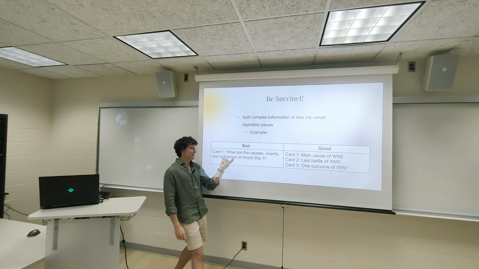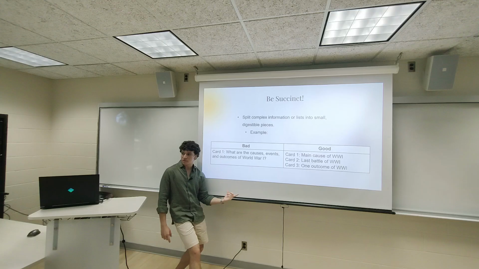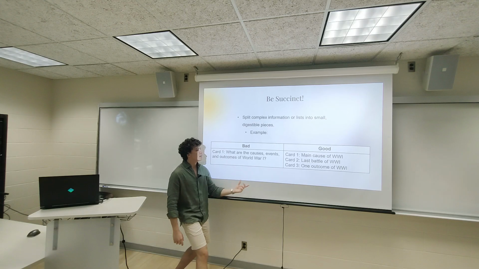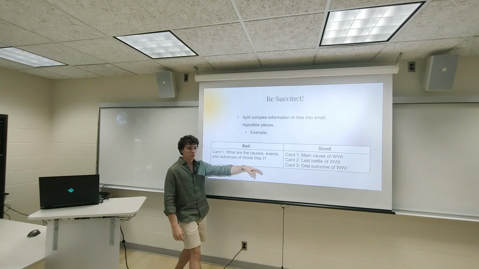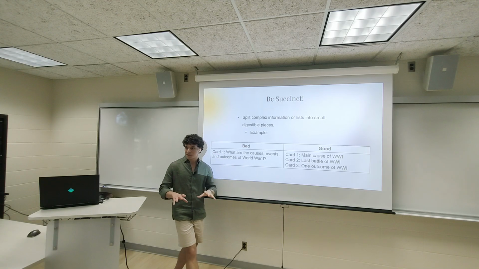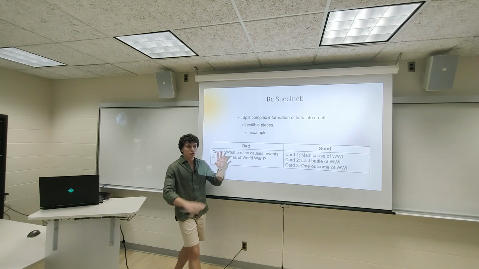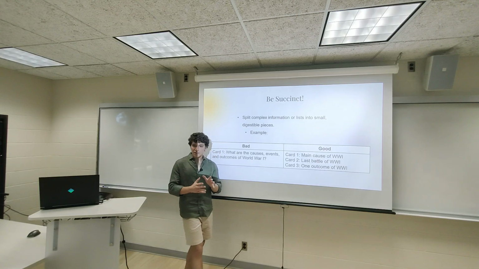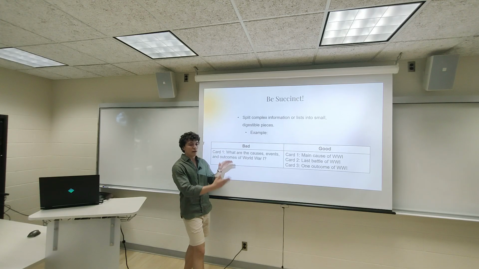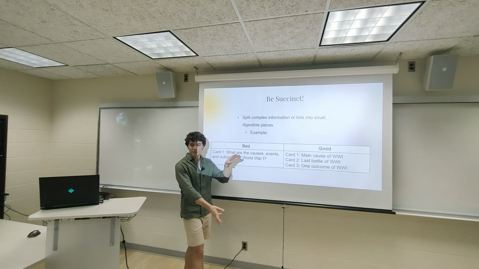Instead of creating this flashcard and giving a bunch of answers in the back, you divide that into 3 flashcards, like main cause, last battle, one outcome. You divide into smaller pieces. If you can divide a flashcard into multiple small flashcards, you do it, because it is faster to review 5 flashcards than to review one with the same information as the 5.